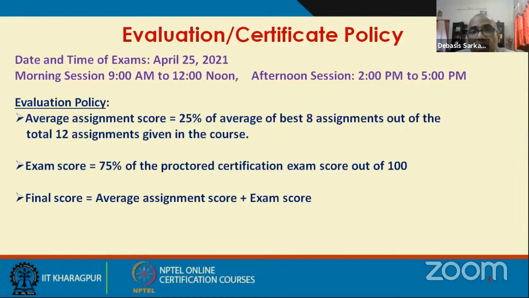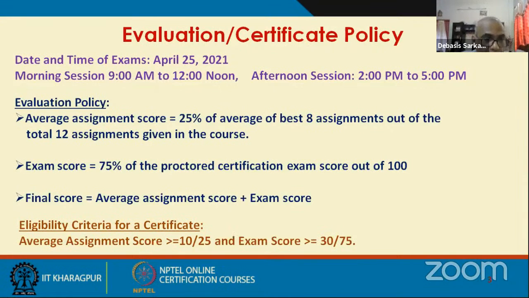And 25% of the average of the 8 best assignments will be the average assignment score that goes to the final score. And 75% of the final exam score out of 100 will go to the computation of the final score. So that's how your final score will be computed.